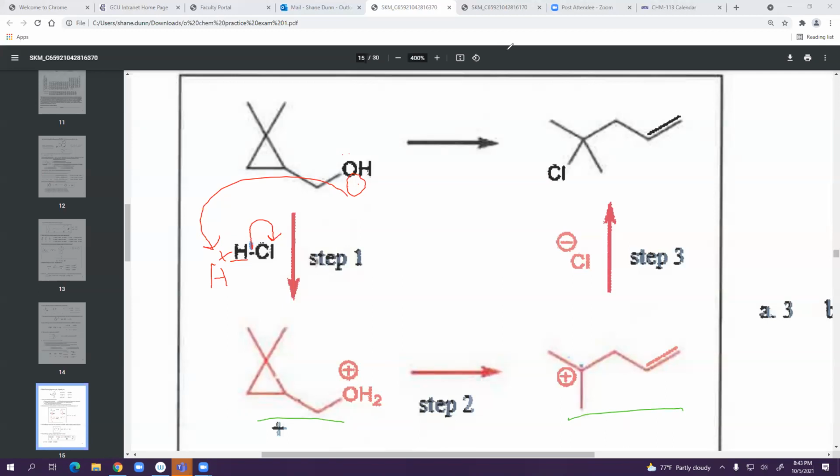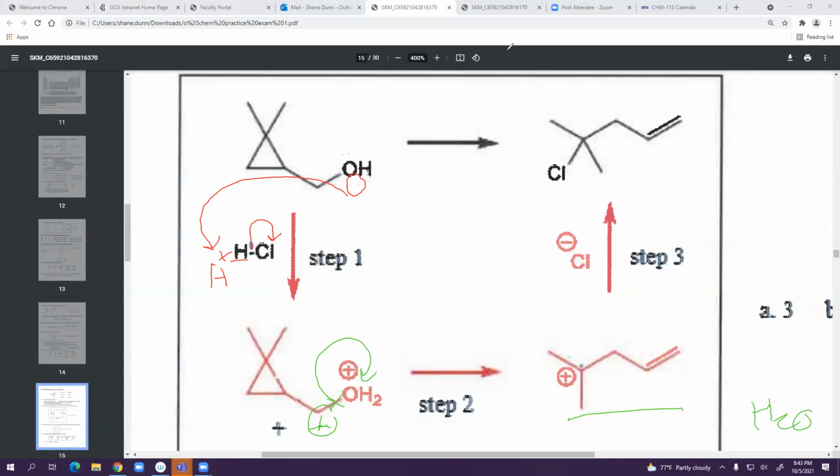Is it more electronegative than carbon? Thus, it can break this bond and steal the electrons. Thus, I make what? Water is over there. Okay. If that bond breaks, what charge is this carbon that was just right there? Positive, right? Cool. I don't like positive carbons. They want to react, right?